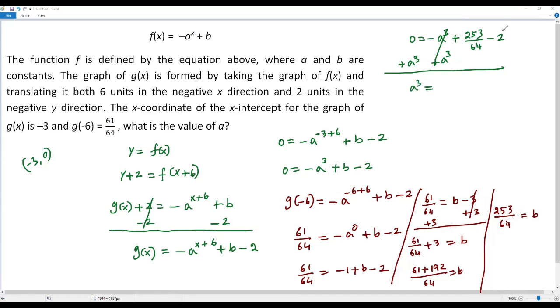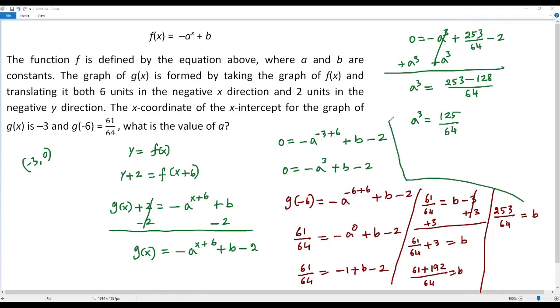On the right side, we can simplify: we do subtraction between a fraction and an integer. Now we have to multiply this integer by this denominator, then we can take 64 as a common denominator. 253 minus 64 times 2, which is 128, over 64. Here a cubed equals, when I simplify 253 minus 128, 125 over 64.